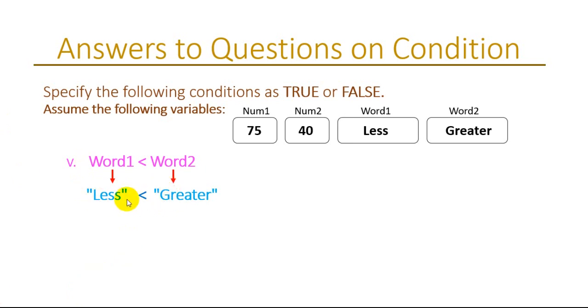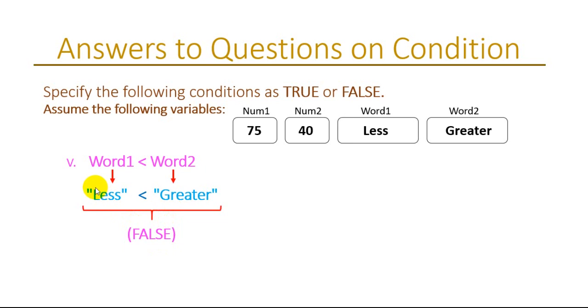So when you say L is less than G, in alphanumeric comparison you first compare only the first two letters. If they are the same only, you go to the next two letters. But in this case they are different, so immediately you can say it is false, because L has a higher ASCII value. So if you say LESS is less than GREATER, it's false. Why?